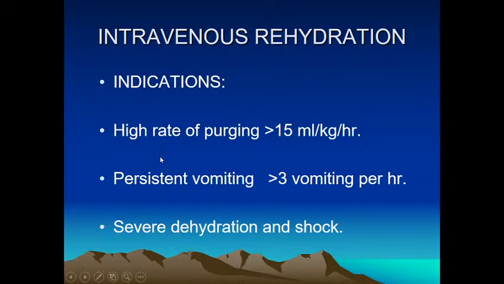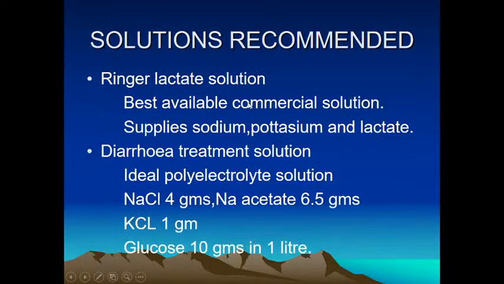Intravenous is only if the child or the adult cannot receive oral ORS. If persistent vomiting is there, high rate of purging, or severe dehydration and shock, then you can give IV fluids. You can give Ringer's lactate, that's the best available.